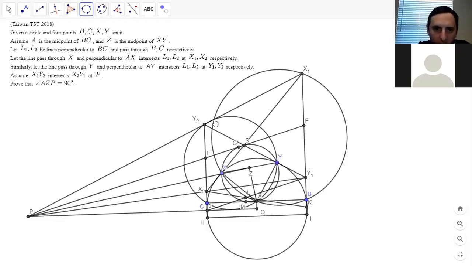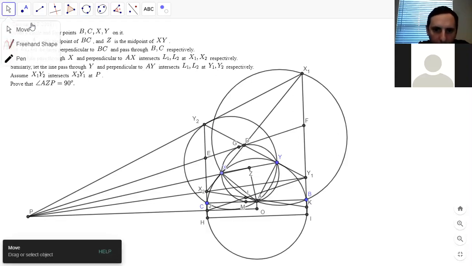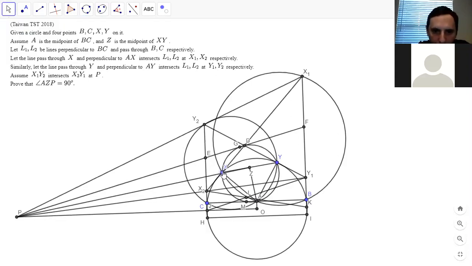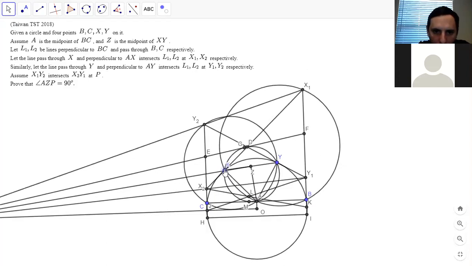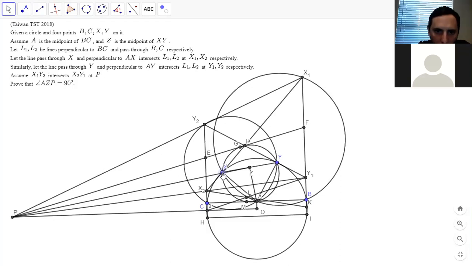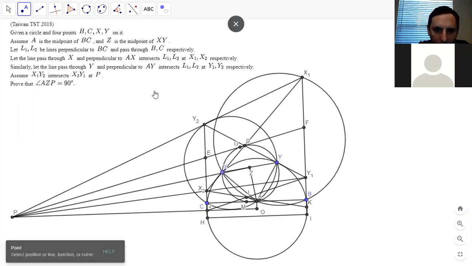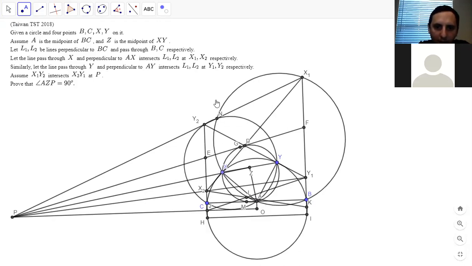Do these meet on this line? It looks like it. It looks like they concur. Oh, it's obvious, because this is 90 degrees and that's 90 degrees.